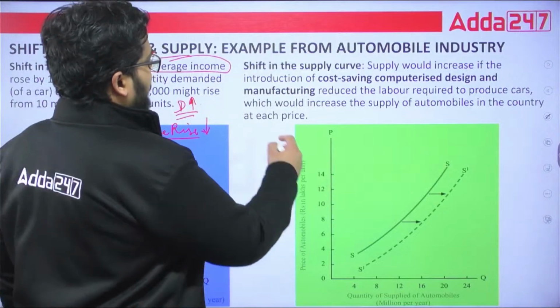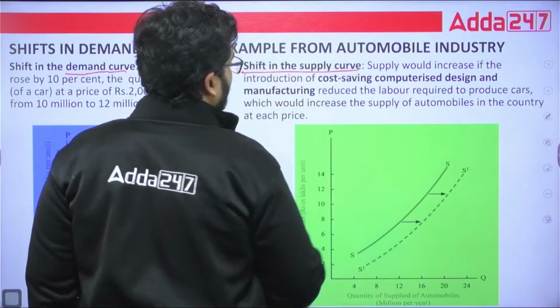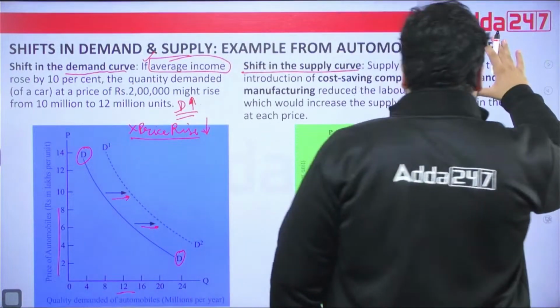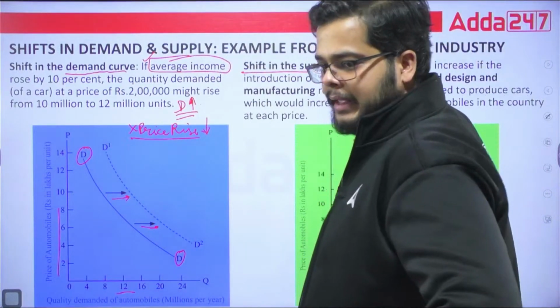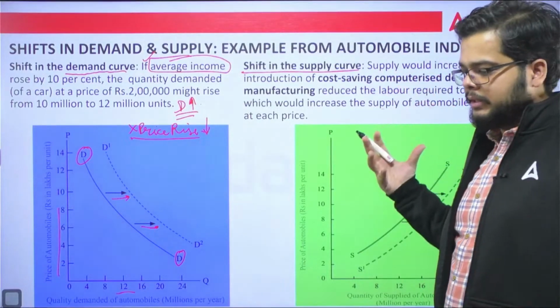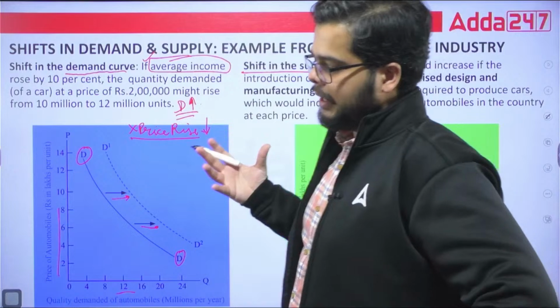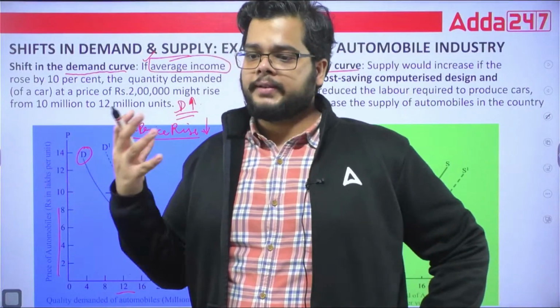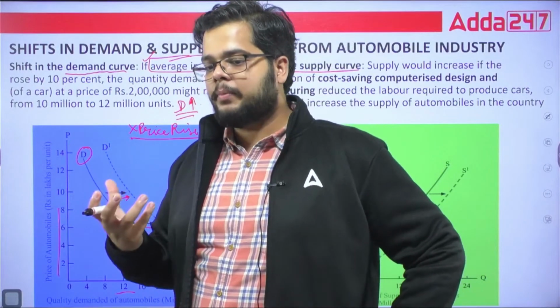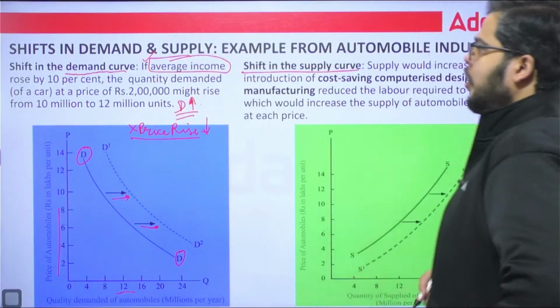On the other hand, if we talk about a shift in the supply curve, what can be the scenario in the automobile industry? That the supply is moving upwards. The car manufacturing companies are doing bumper manufacturing, so supply will be there. Now how will they do it?